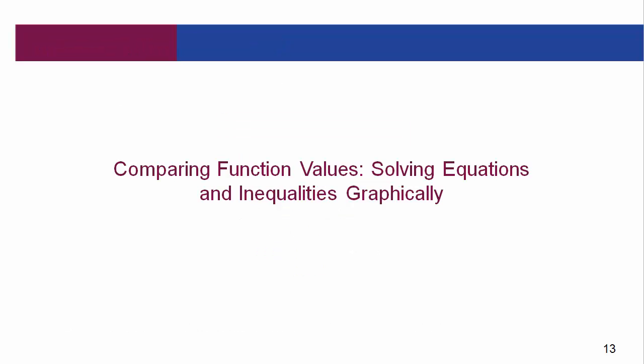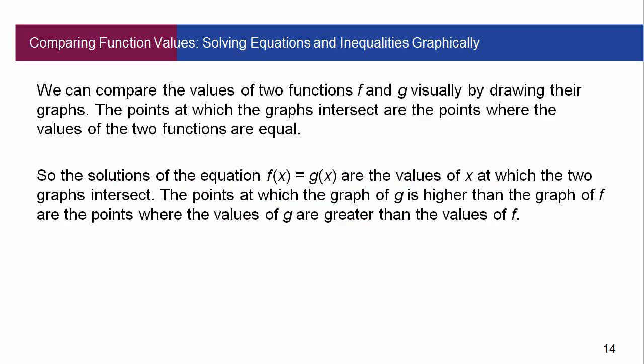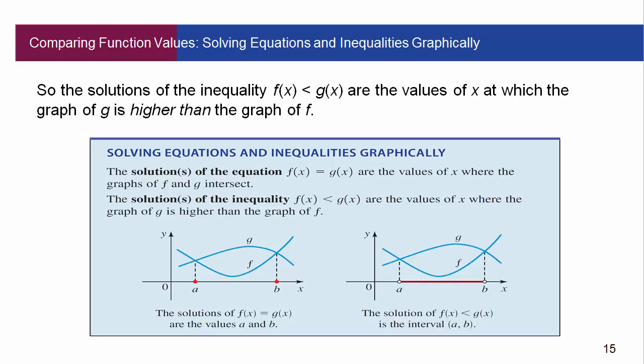All right, what about comparing values, being able to solve things graphically? Well, later on, we're going to learn how to graph just one inequality and shade graphs to figure out what's going on. In some of these examples, we're just kind of comparing. So when we talk about inequalities, it's more about comparing one function to another.